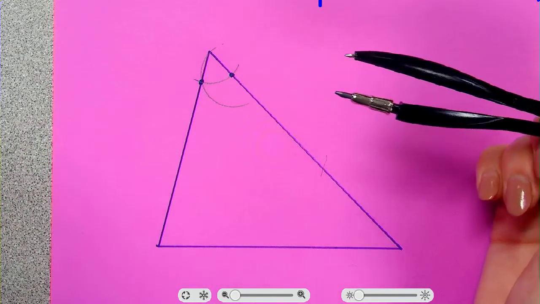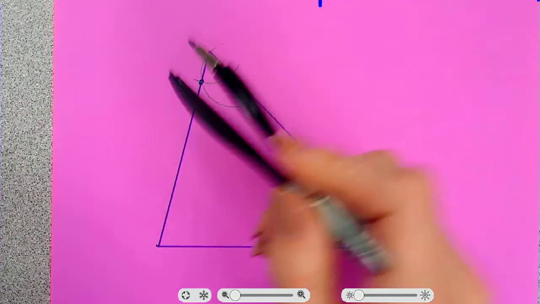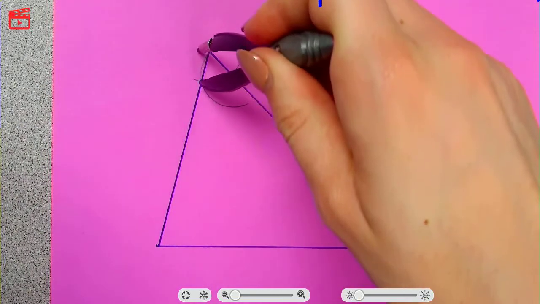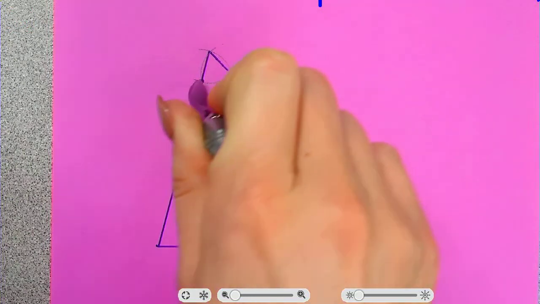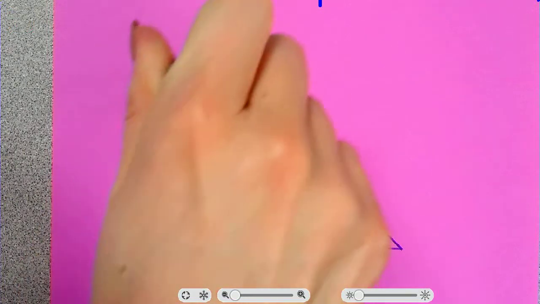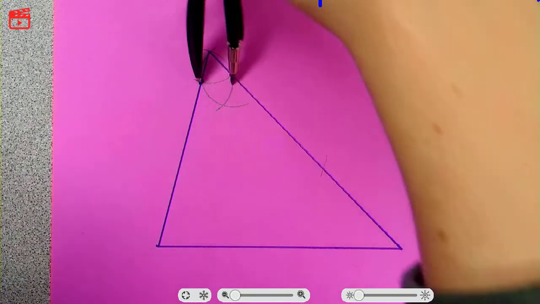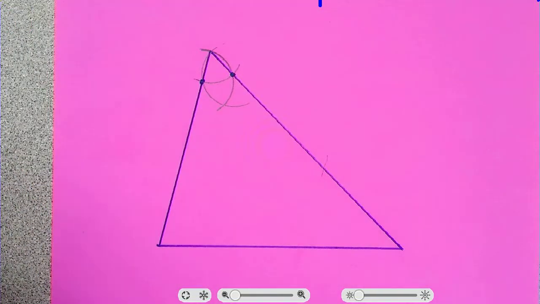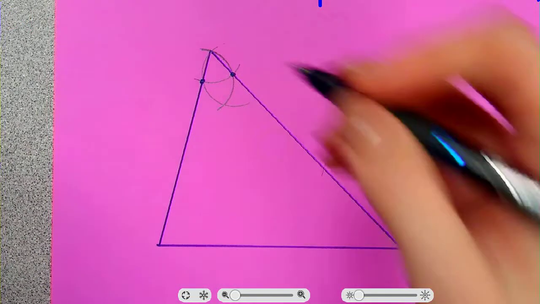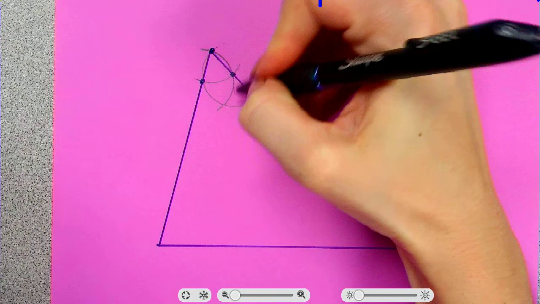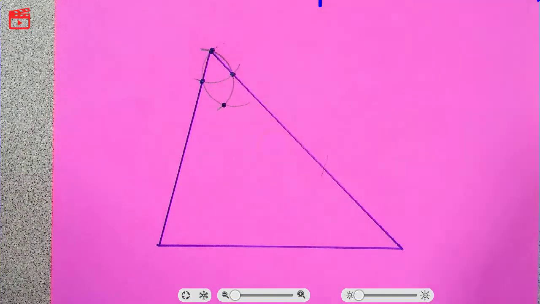Okay? And you're going to flip it, and you're going to make a half circle from here. It should intersect at two separate points. Mine is intersecting at the vertex. Not everybody's is going to do that, but that's where mine's intersecting. Where it intersects, you're going to put a point there, and you're going to put a point at the other intersection.